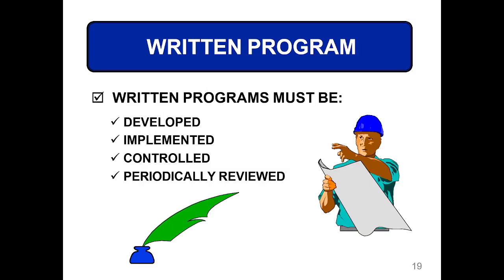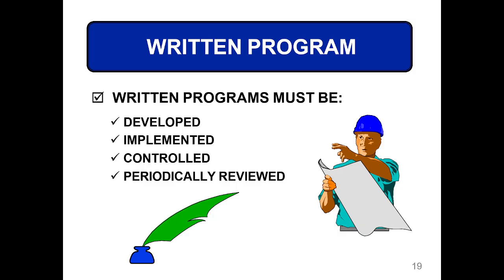What does the accident investigation program entail? The accident investigation program, just like all other programs, is written. You cannot operate from space. You have to put it down such that it's approved and communicated to all employees.